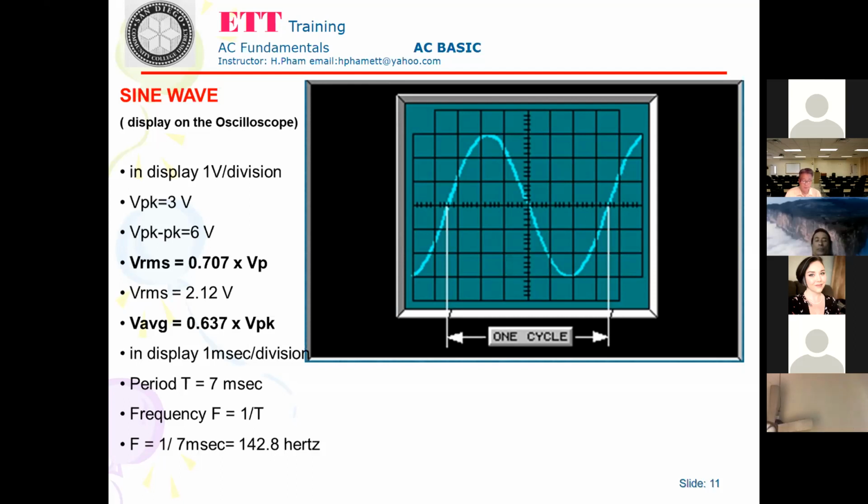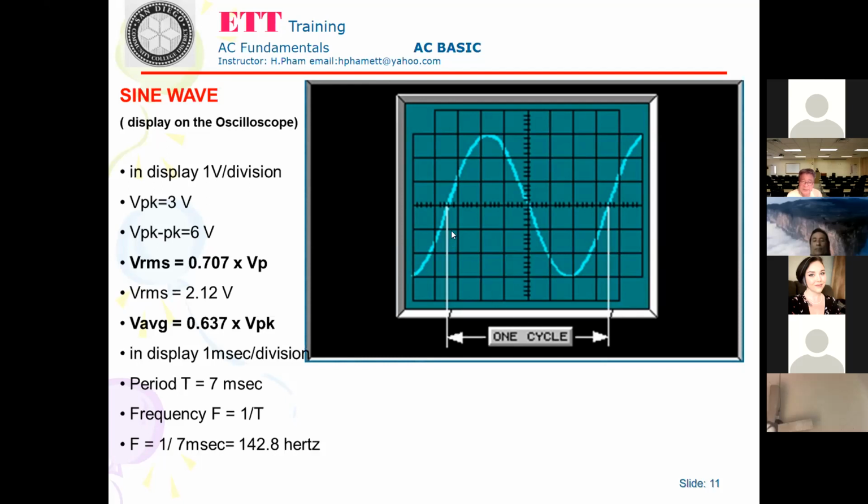The period is measured between a repeated signal. You start here, go up, okay. Now you look at where the signal goes up again. It goes up, it goes down. Okay, at this point it starts going up again. That means it repeats. So that will be 1 cycle.